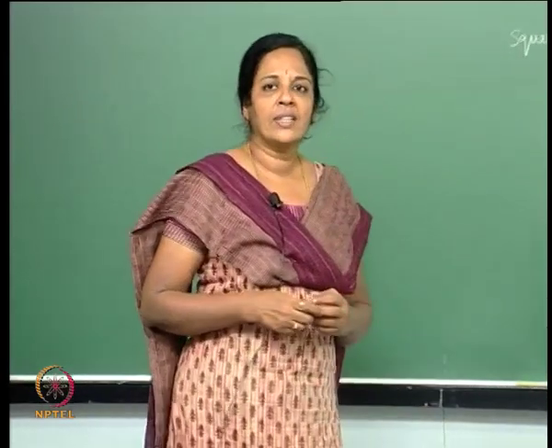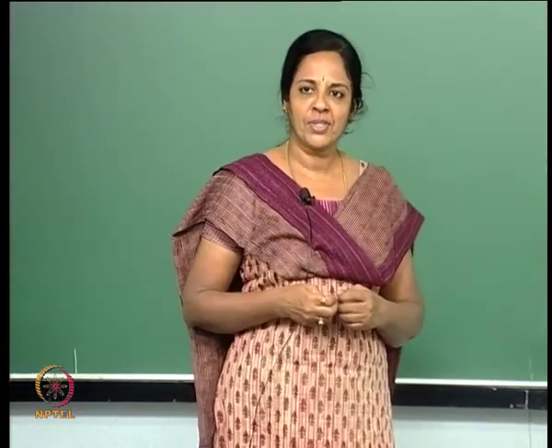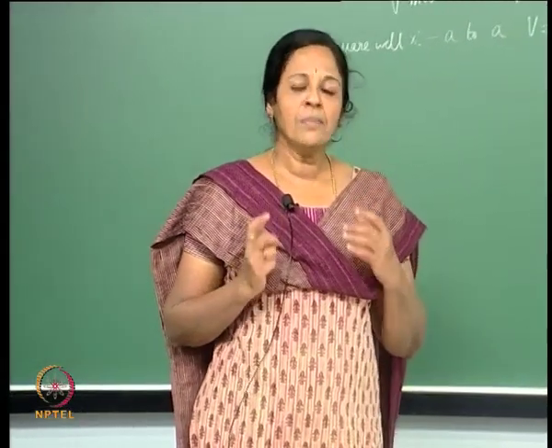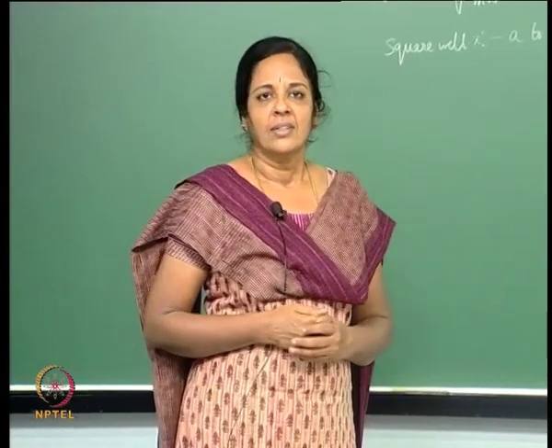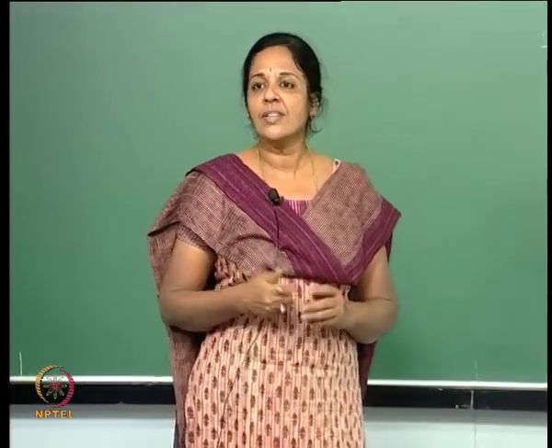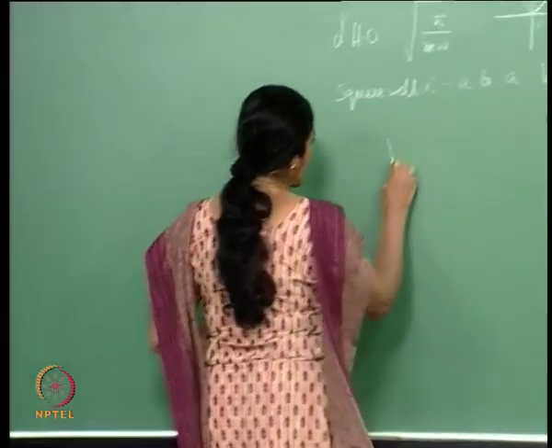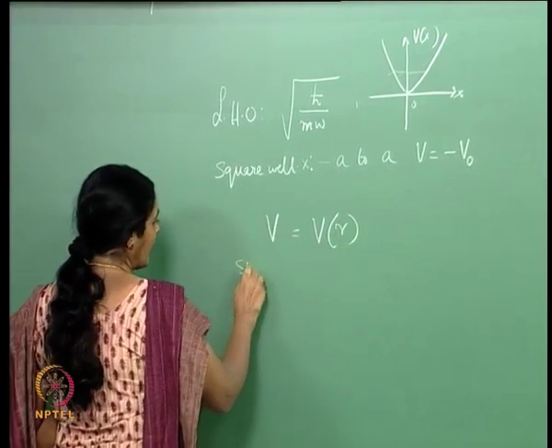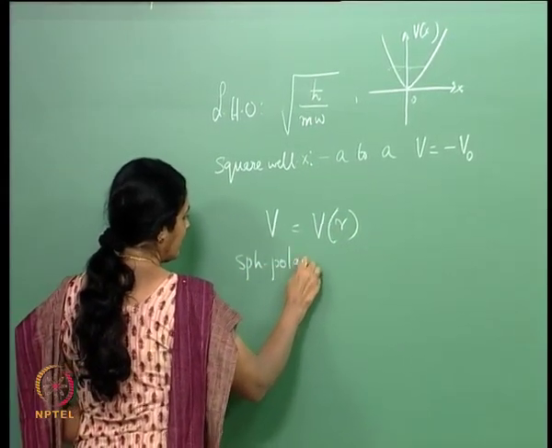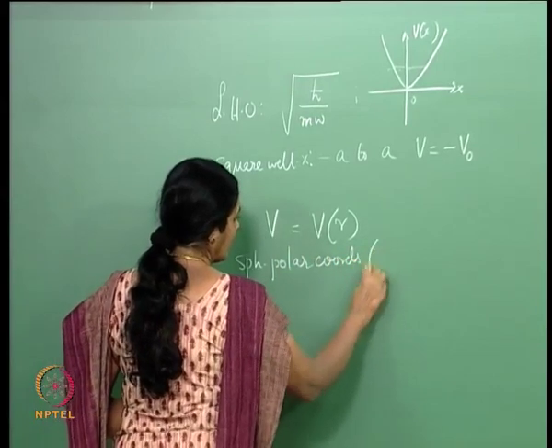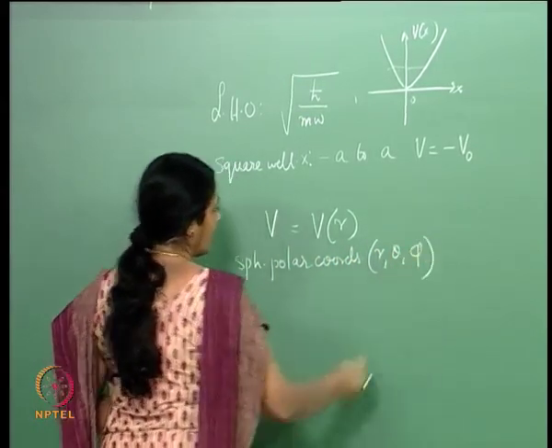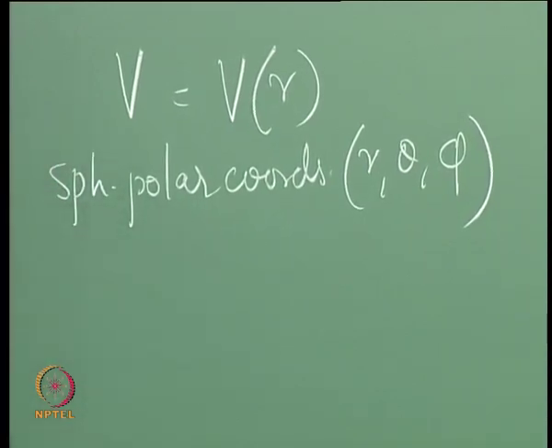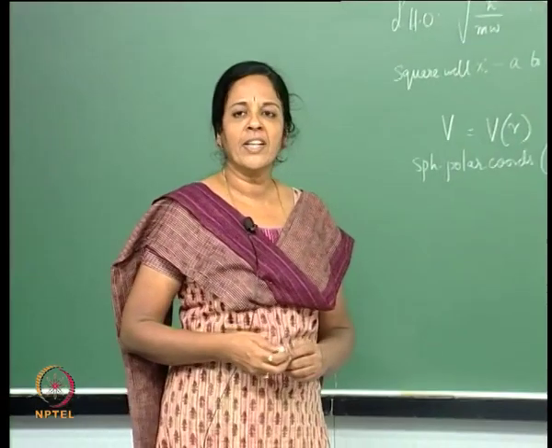Today I would like to look at three-dimensional problems. The simple example that we can talk about is the case where there is a central potential. So if the potential V is simply a function of r, and I have used spherical polar coordinates, an example could well be the Coulomb problem, where the potential is minus Z e squared by r.